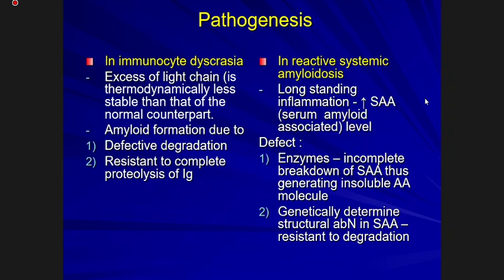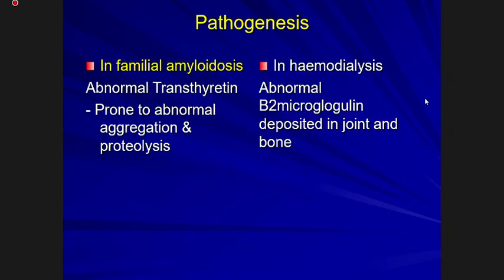Even if you have normal enzymes to proteolyze it, because of its abnormal structure, it becomes resistant. So it is more or less the same mechanism as the immunocyte dyscrasias.